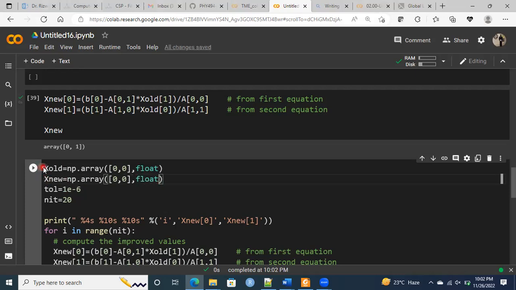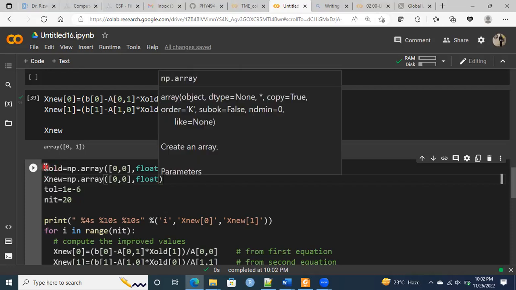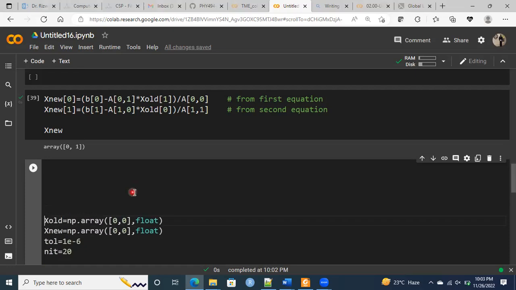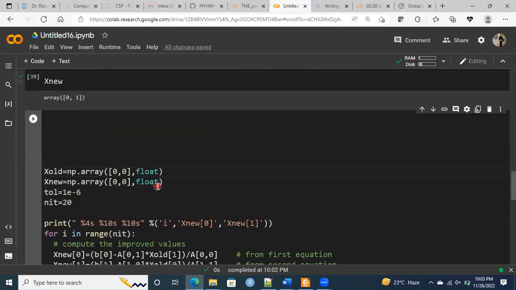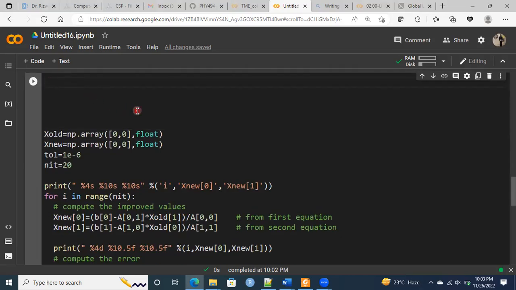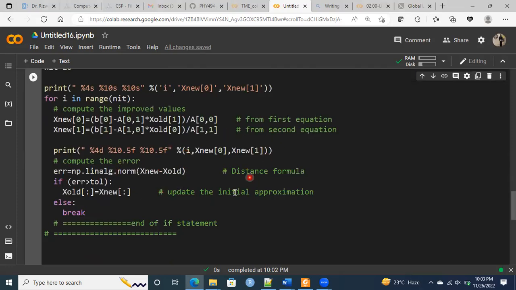Right. So before this, the algorithm only contains the statement of the definition of matrix A and vector B, and the rest is the Jacobi method. That is the way Jacobi method works out. We have written explicit equations for that.